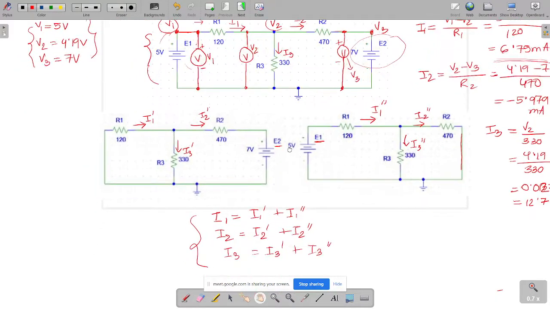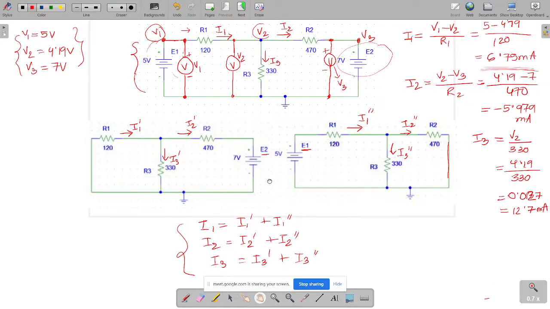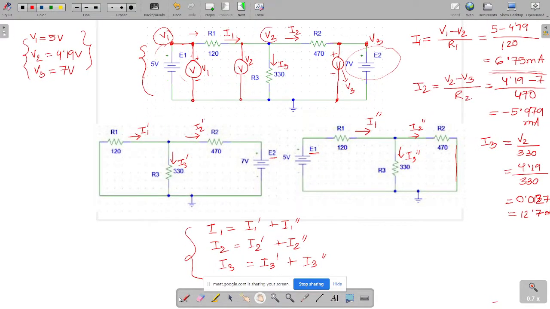To verify the superposition theorem, we have to deactivate one source and keep another source active. So let us first deactivate E1 right now. We are deactivating E1 and replacing it with a short circuit. We are shorting E1, and E2 remains as it is, in the same place.